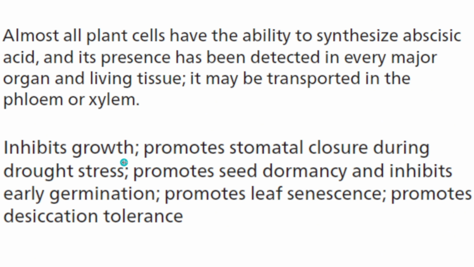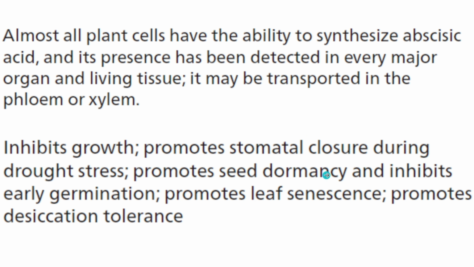And as I mentioned in the first chapter, there is the mechanism of the closing of stomata during drought conditions, where you see abscisic acid, right? So this is one of the functions. You can use that kind of mechanism as a function if you want to write it. Right?